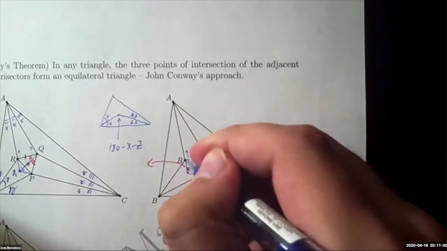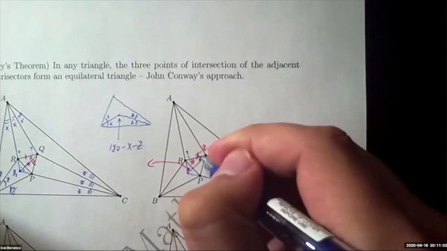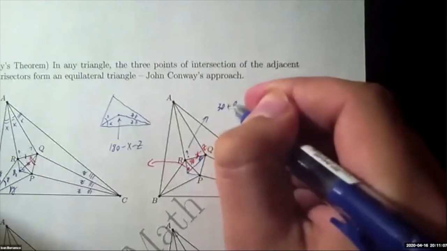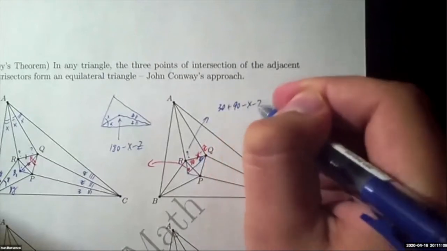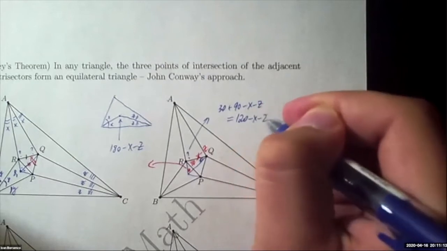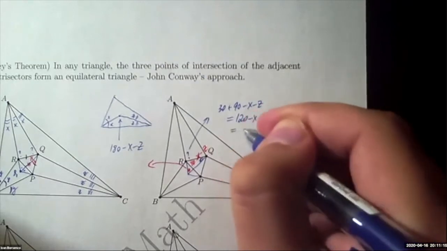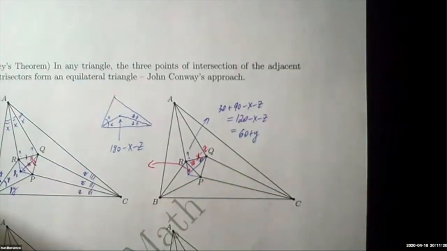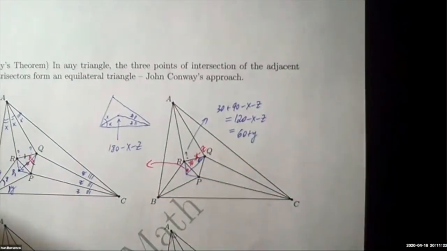So I can find the question mark. Yes. It's going to be 30 plus 90 minus x minus z. Yes. Which is 120 minus x minus z. Right. Which I can also rewrite as 60 plus y, because x plus y plus z is 60, right? So that's how we know the question mark is 60 plus y.